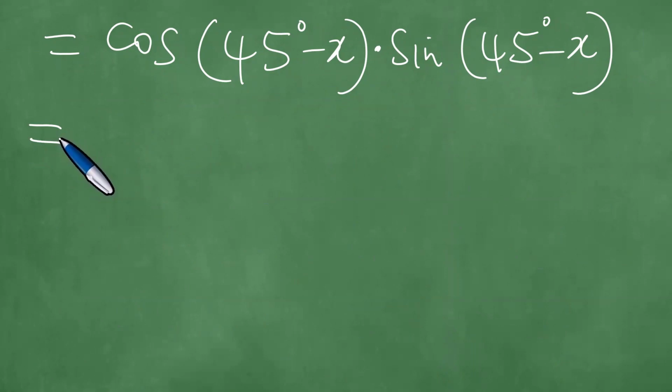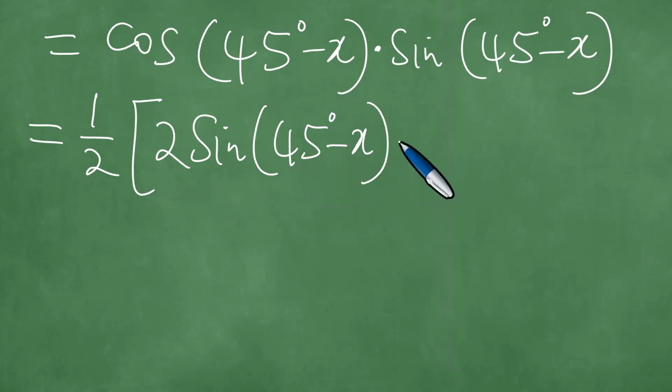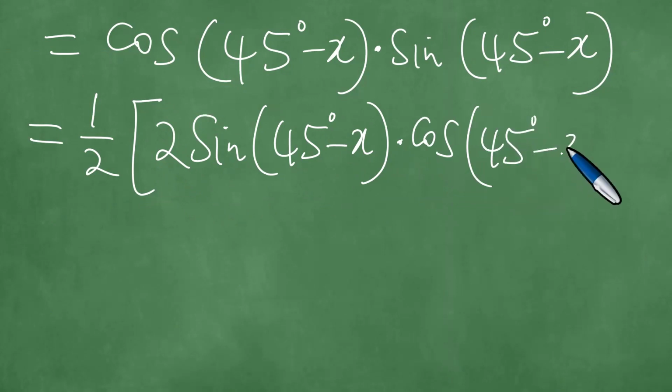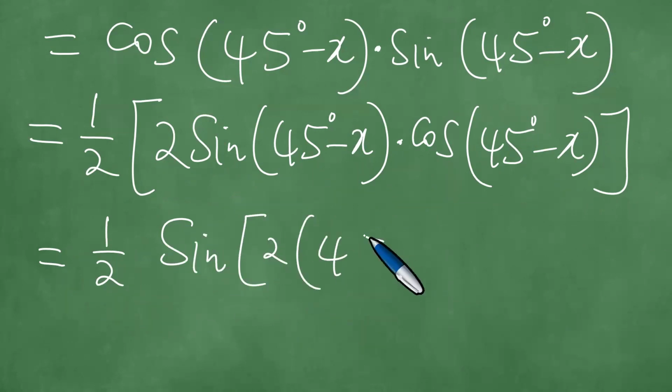Right, so now we clearly can see that this can be written as 1 over 2 into 2 times the sine of 45 degrees minus x multiplied by the cosine of 45 degrees minus x, like so. Now, 2 times the sine of 45 degrees minus x times the cosine of 45 degrees minus x is the same as the sine of 2 into 45 degrees minus x.